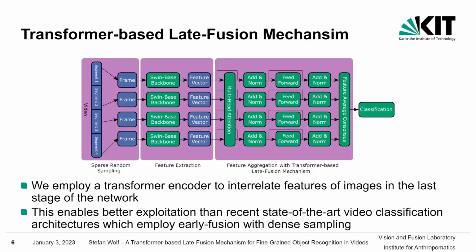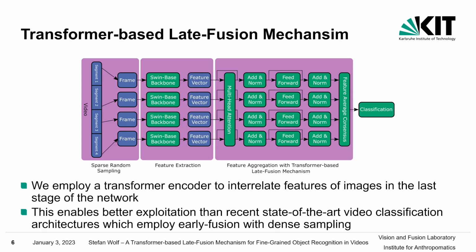With this in mind, we designed a new architecture, the transformer-based late fusion mechanism. We start with a sparse random sampling where we divide the video into segments and extract a single frame from each segment. Afterwards, we apply a recent state-of-the-art Swin Transformer network for the feature extraction, so we have a feature vector for each image.